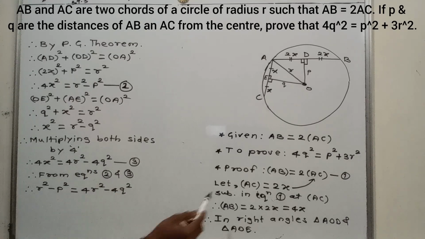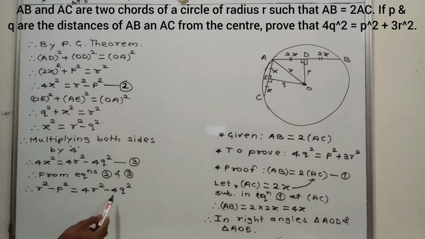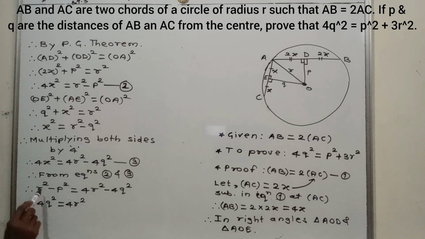Now we want 4Q square positive, so we take this negative term to the left side, so it becomes positive 4Q square, and these two terms we take to the right side. 4R square, this plus becomes minus R square, and this minus becomes plus P square.